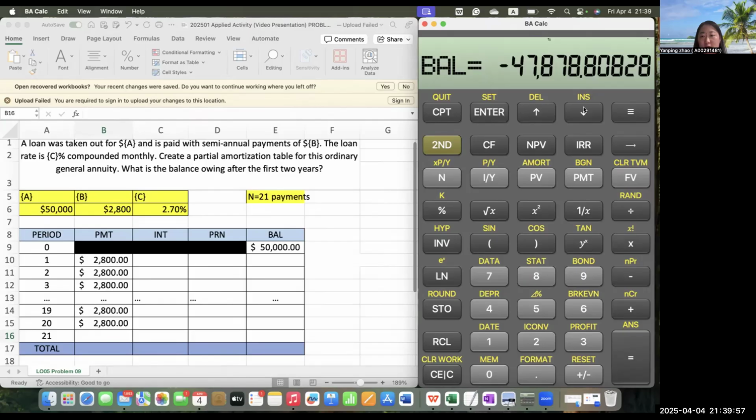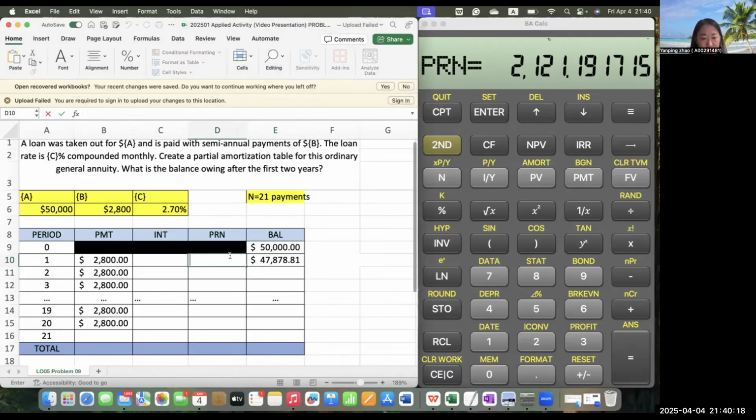So we get 4778.81, and press the arrow, we got the principal 21.19.